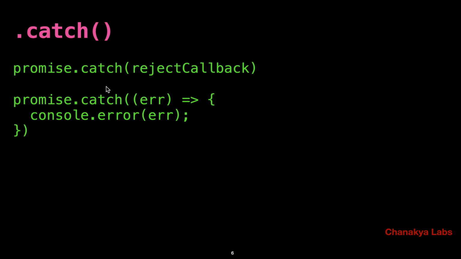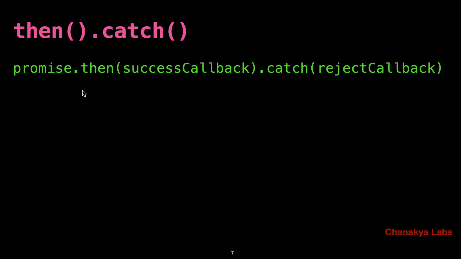But the point of this syntax is just to let you know that catch is something you don't need to use with then always, right? Catch is something like then, which is directly available on any promise. It's just the case that promise dot then also returns a promise, and that's why on that promise you can do dot catch.